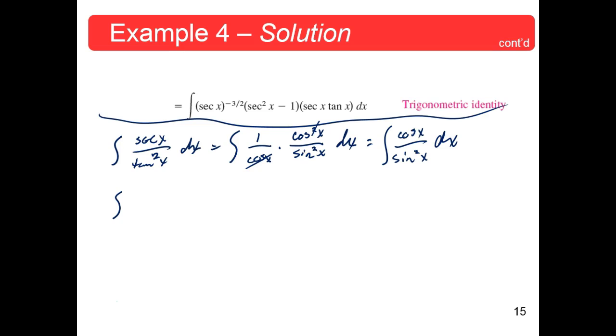I want to get it in exponential forms. So what would that be? Cosine x times sine to the negative 2 x dx. All right, now does that stimulate a thought?